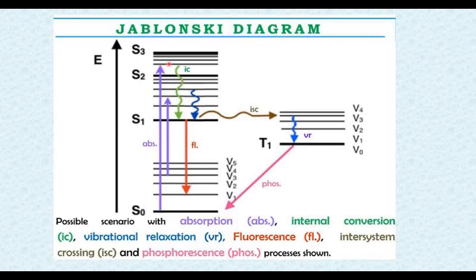If it shows the de-excitation from a higher excited state to the lower state, it is called internal conversion. And when the transition comes from S1 to the ground state, that is called fluorescence.